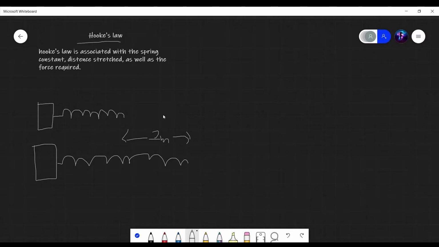Well, Hooke's law can solve this question: how much force is required to stretch it 1 meter? Hooke invented this formula called Fp, which is the force required to pull it, equals K, which is the spring constant, times X, which is in meters.